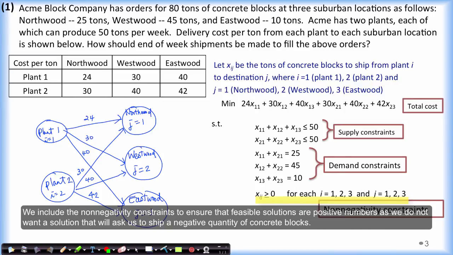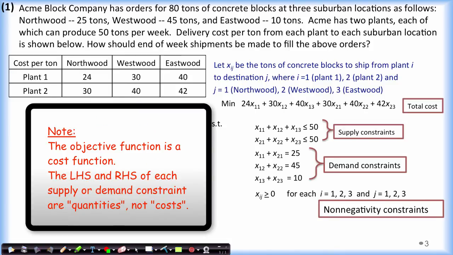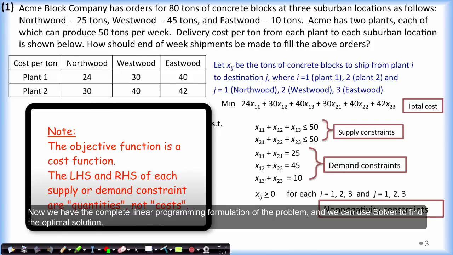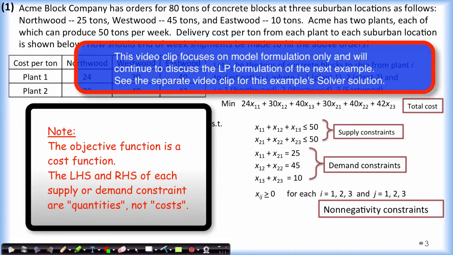We include the non-negativity constraints to ensure that feasible solutions are non-negative, as we do not want a solution that asks us to ship a negative quantity of concrete blocks. Now, we have the complete linear programming formulation of the problem, and we can use Excel Solver to find the optimal solution.